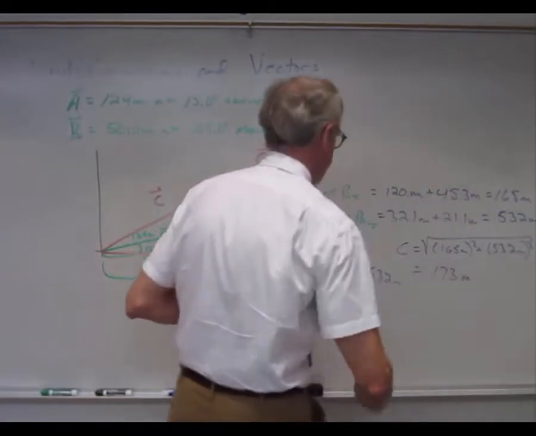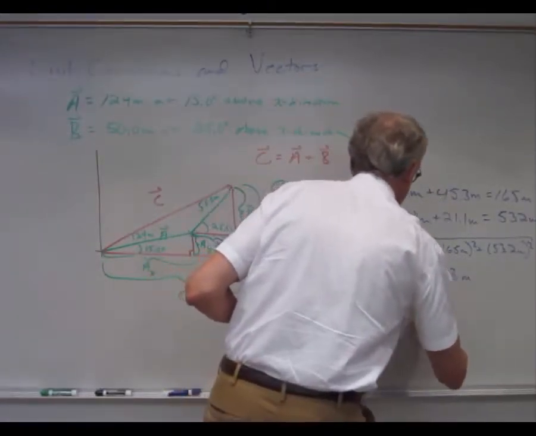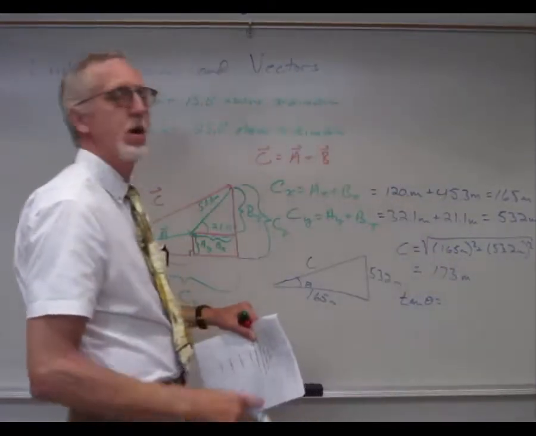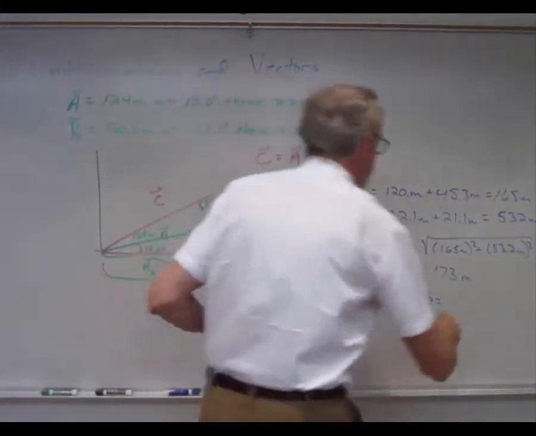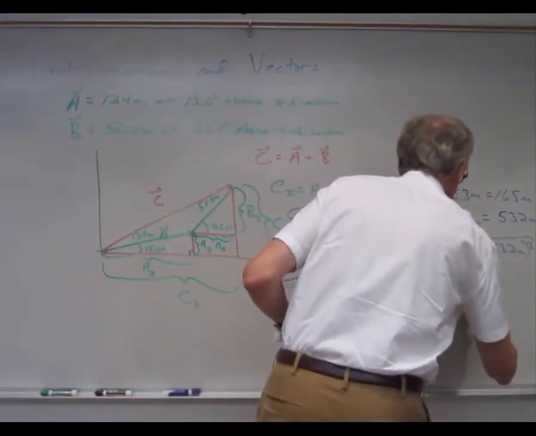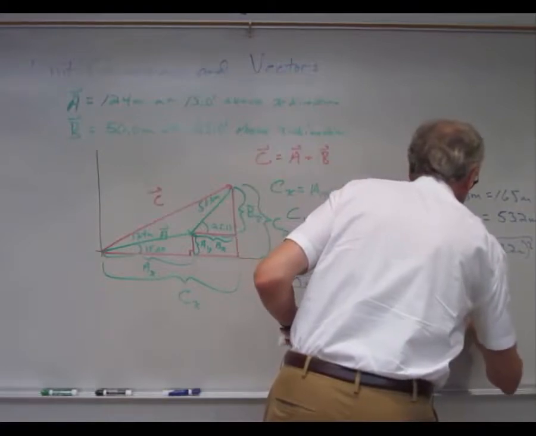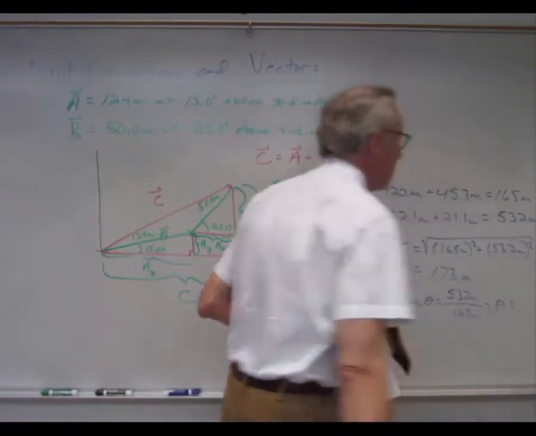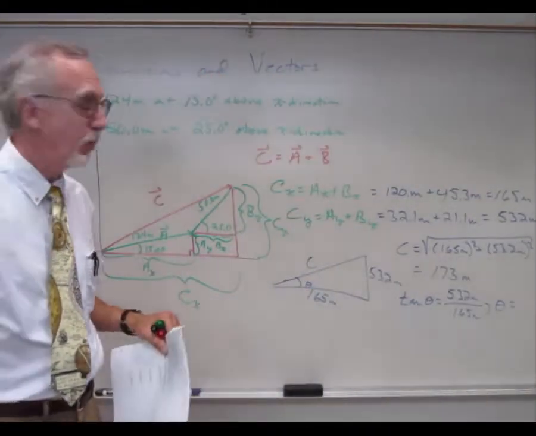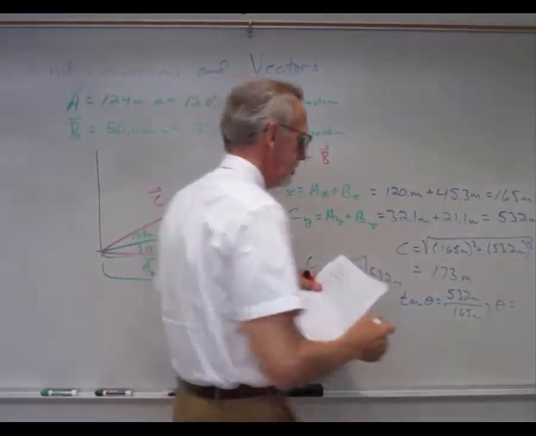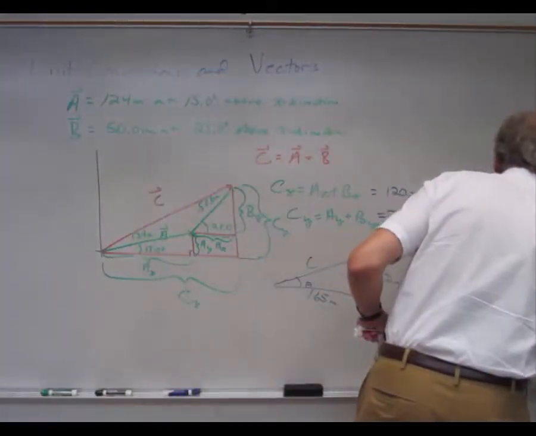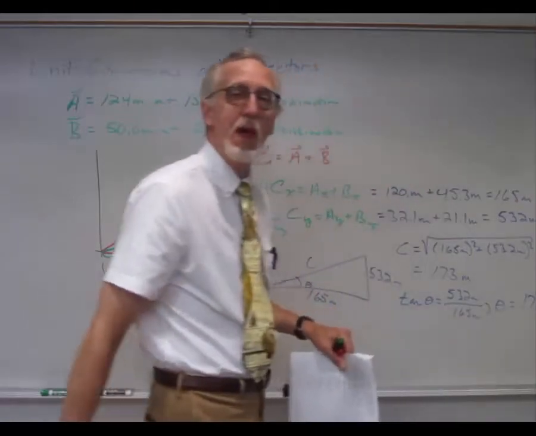173 meters, while tan of theta is equal to opposite over adjacent. In other words, 53.2 meters over 165 meters. Dividing that out, take the inverse tan, and we find that theta is equal to 17.9 degrees. And there we go.